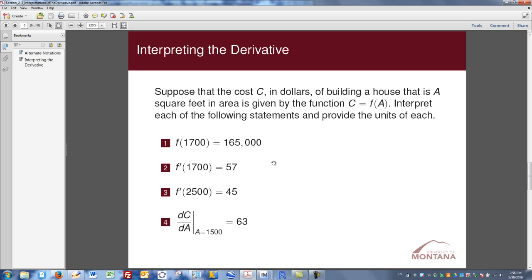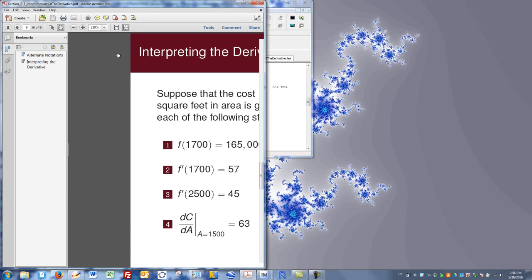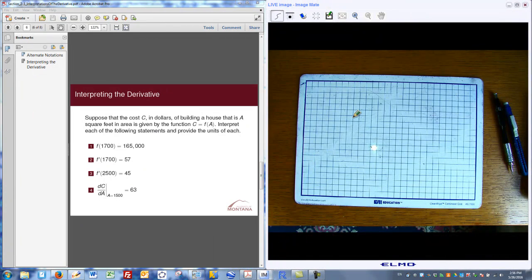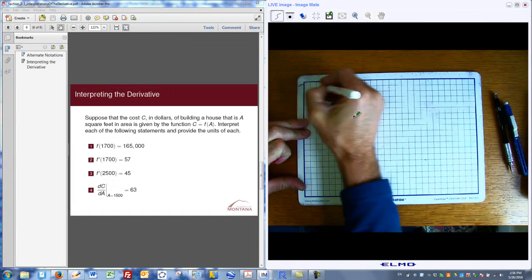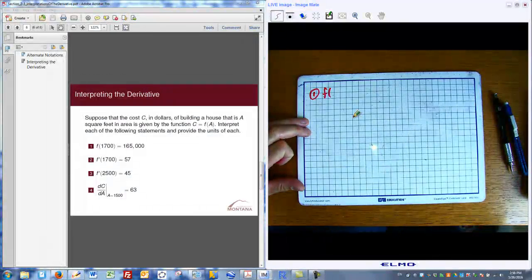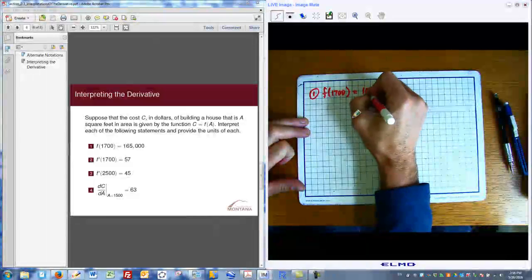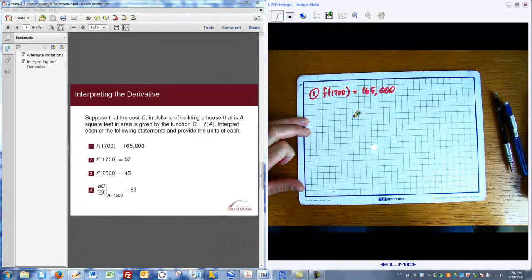Okay. So let's see here. So the first one says f of 1,700 equals $165,000. So what do we mean by that? So let's give myself some space here and bring up a little bit of a work spot here. So what does it mean? So f of 1,700 equals $165,000, right?